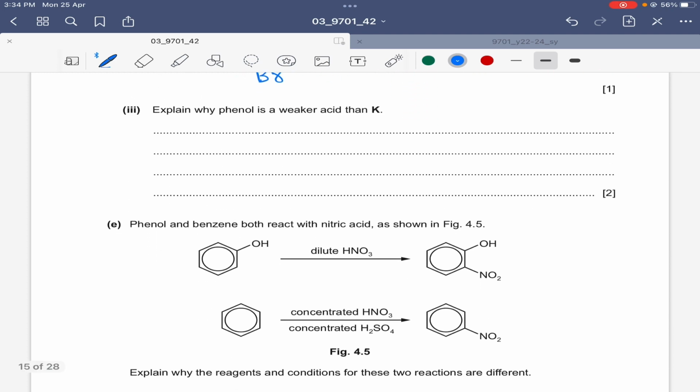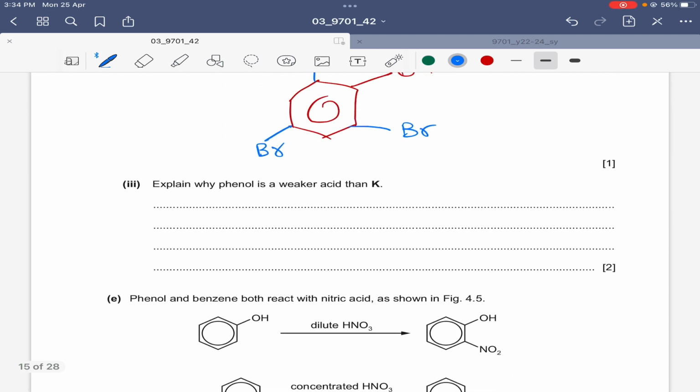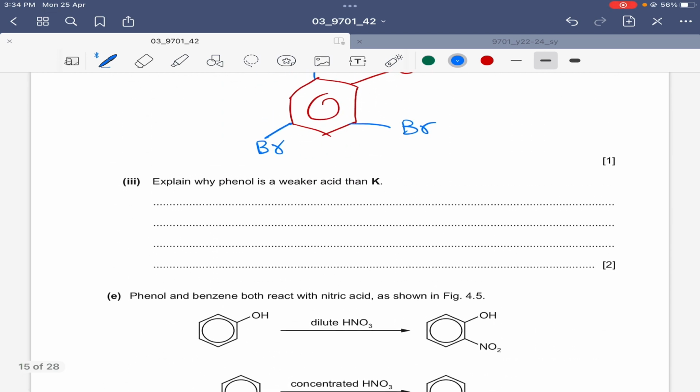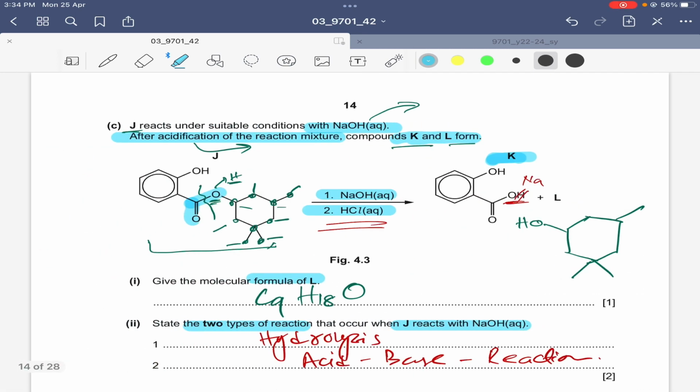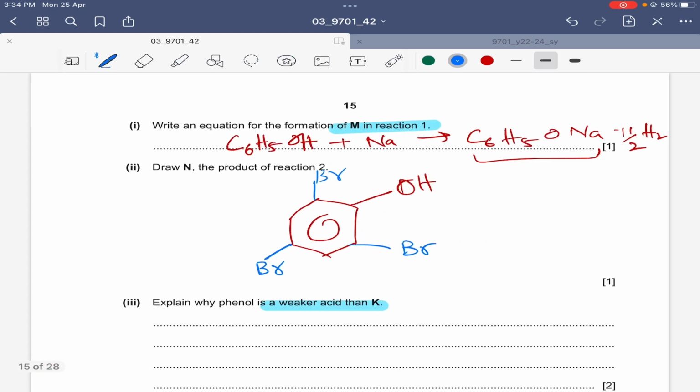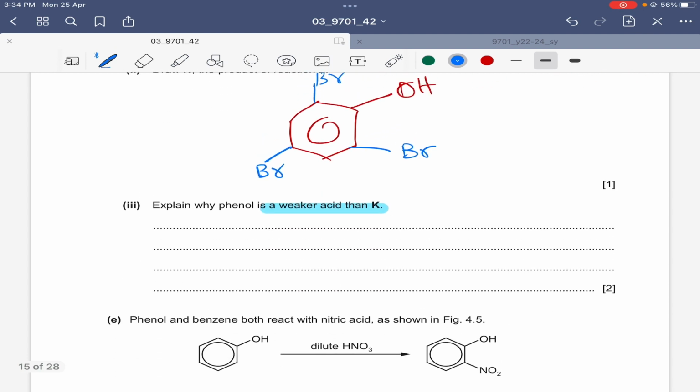Now the next part of the question is explain why phenol is a weaker acid than K. So what is K? K is carboxylic acid. If you look at this structure, K is carboxylic acid. So they are asking why phenol is a weaker acid as compared to carboxylic acids.